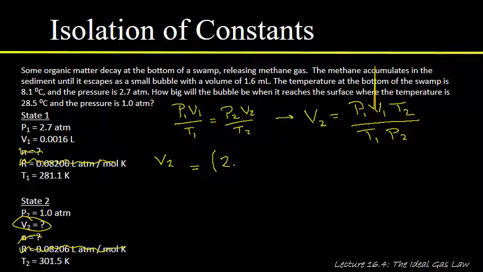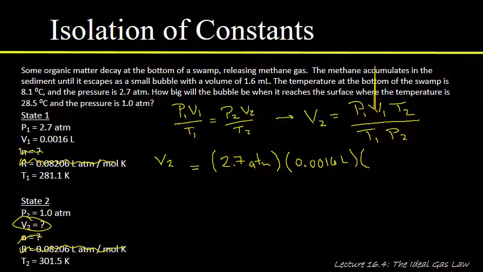So you've got to be really careful with your 1s and your 2s when you do this. P1, that's our initial pressure, is 2.7 atmospheres. V1, our initial volume, 0.0016 liters. T2, that's our final temperature.